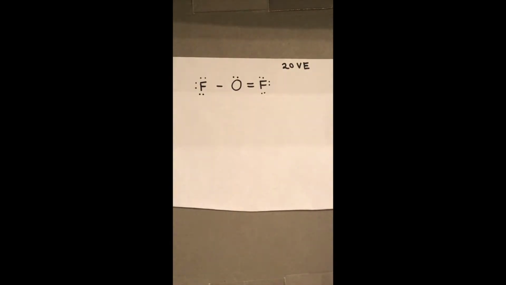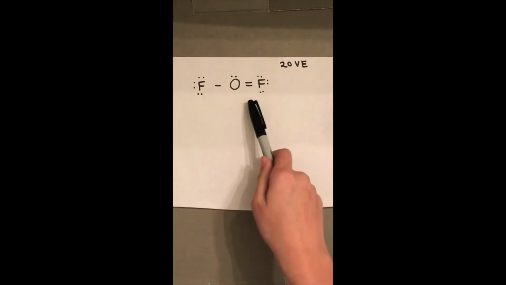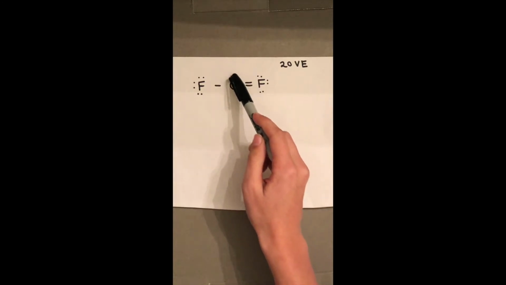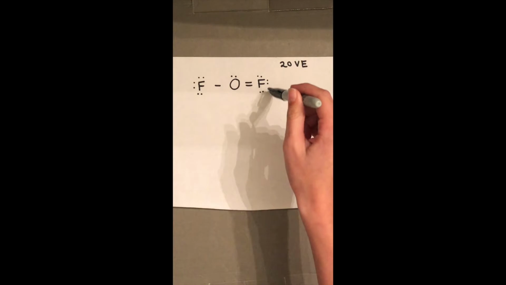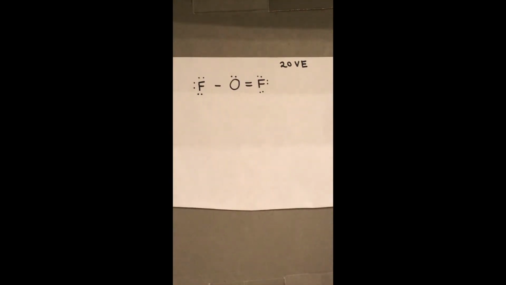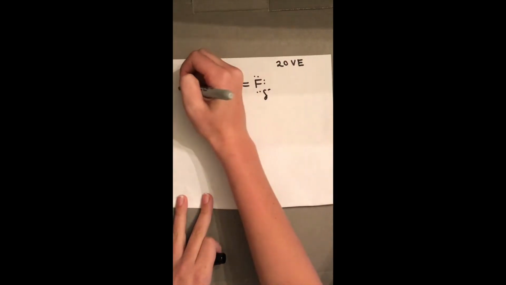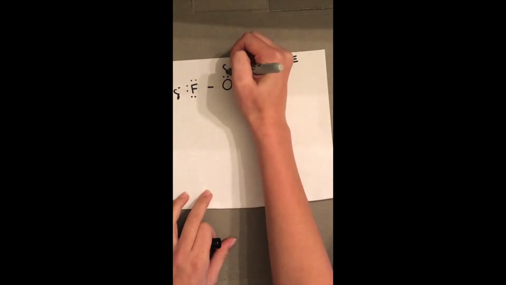Next we have OF2, and this has 20 valence electrons. So this is the Lewis structure, and there's 2, 4, 6, 8, 10, 12, 14, 16, 18, 20 valence electrons, and they all have octets. Fluorine is more electronegative, so it will get a partial negative charge, and the oxygen will get a partial positive charge.